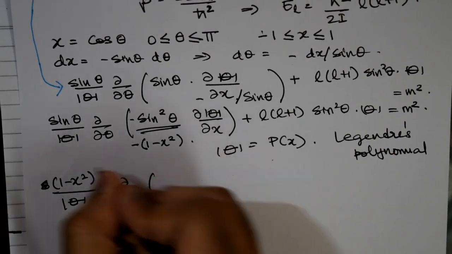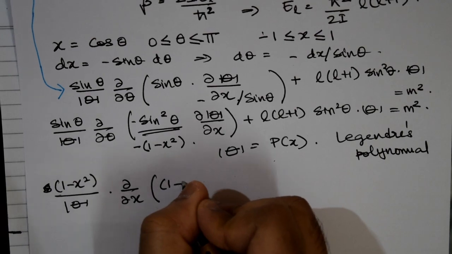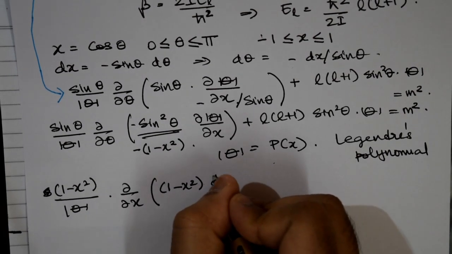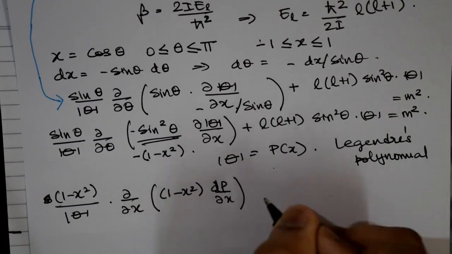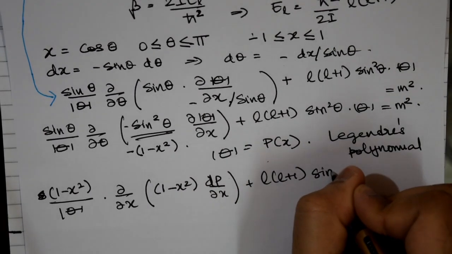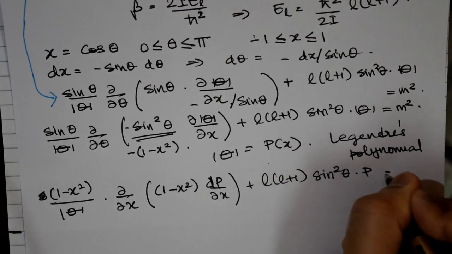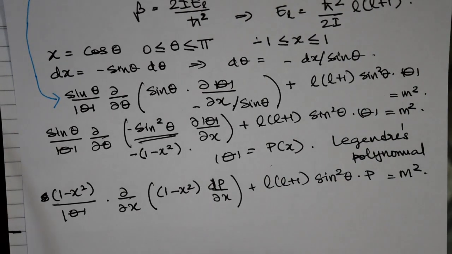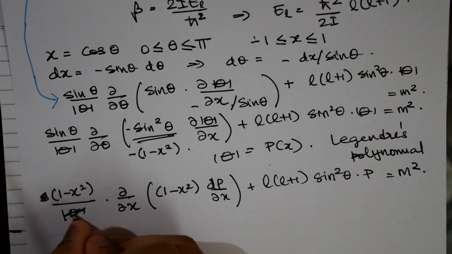Minus of a minus would become plus, so you have something like 1 minus x square dou P over dou x plus L into L plus 1 sine square theta times P equal to m square. Of course, there's a P right here.